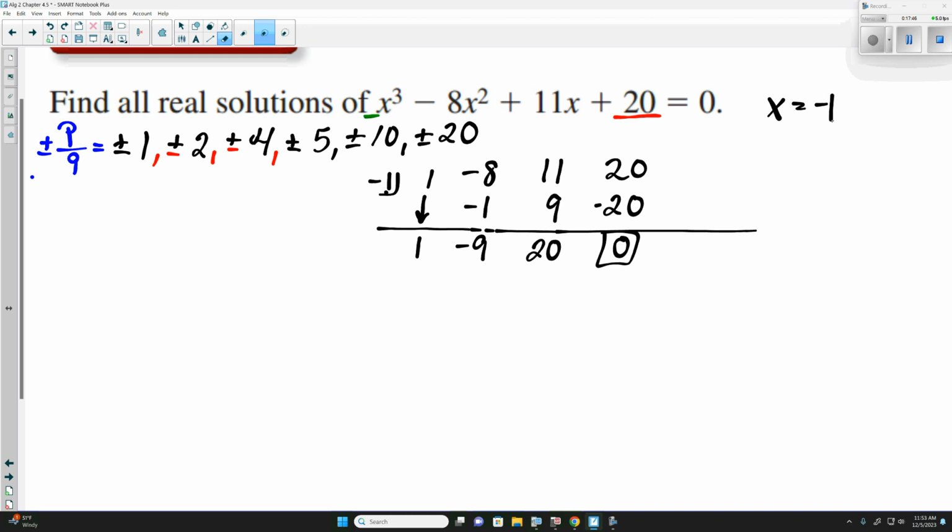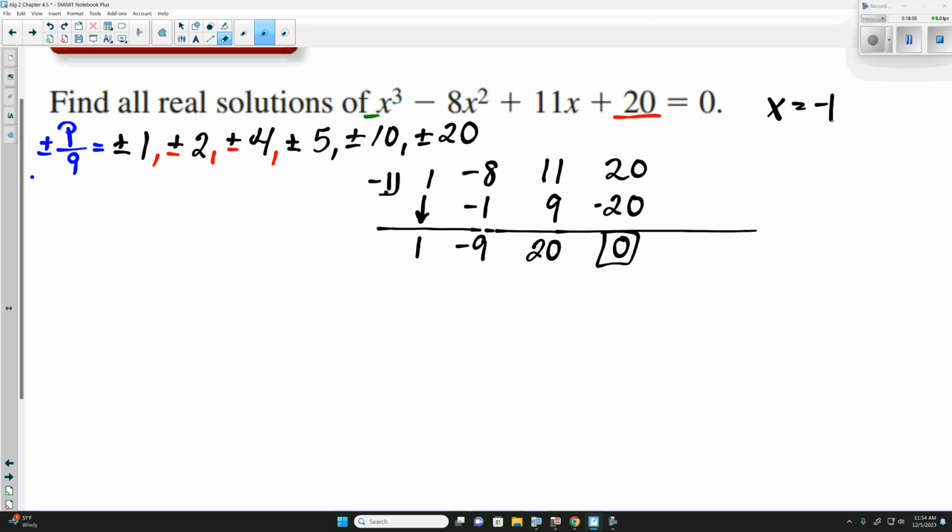Now at any step, if a solution doesn't work, it's not going to work in any of the following. So since 1 and 2 did not work originally, they're not going to work at this step. So with 1, negative 9, 20, if we tried 1 or 2, it wouldn't work.